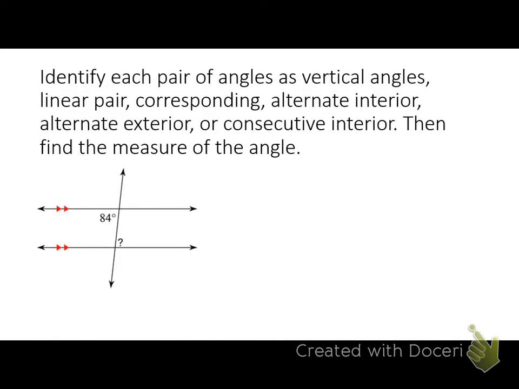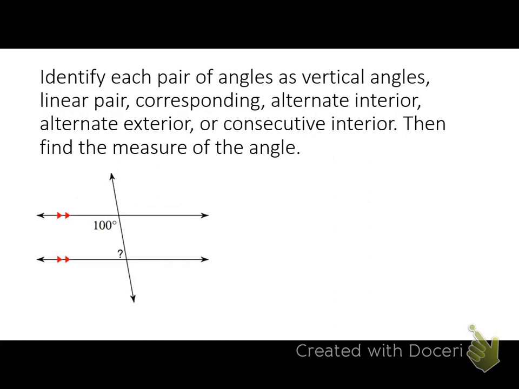Correct. Not quite. The name of it was correct, but the measure was wrong. Correct. They are alternate interior, which means they're congruent. So 84. This next one.